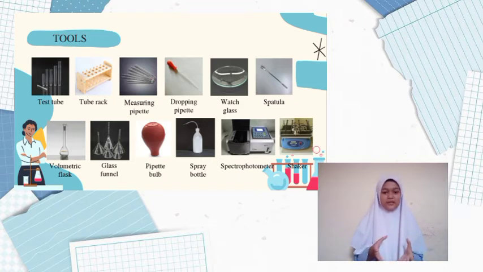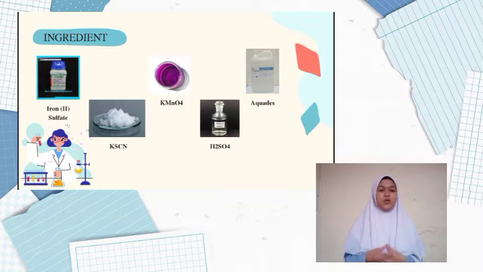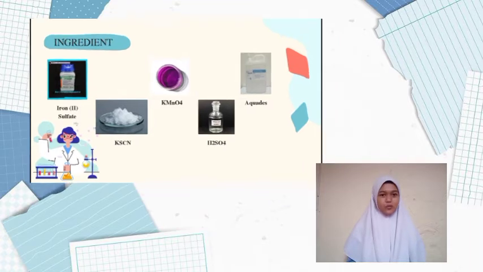Ten, spray bottle, used for storing aqua. Eleven, spectrophotometer, used for measuring the wavelength of the sample. And the last is the shaker, used for homogenizing the solution that we will read. For the materials, we need FA grains, KMnO4, KSCN, H2SO4, and aqua.